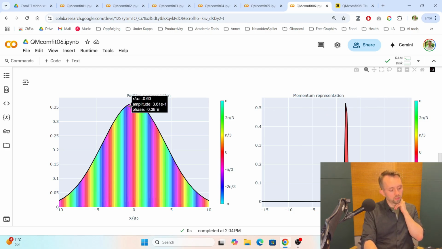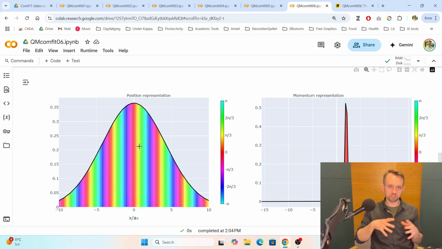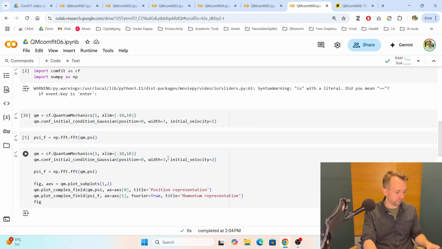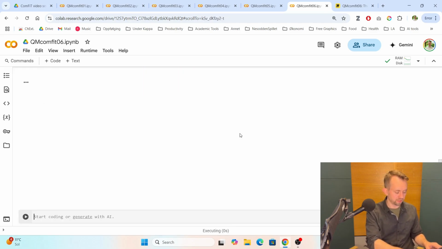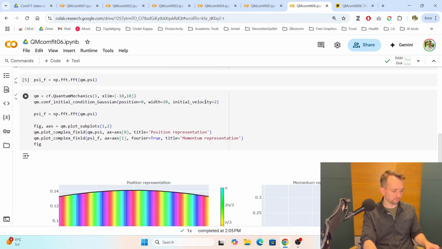And the wider this function becomes, the more the position representation consists only of this one plane wave. If I exaggerate a bit and put the width to 0, you can see that the wave function essentially just looks like this plane wave function, and that's why it only picks out this one point here.